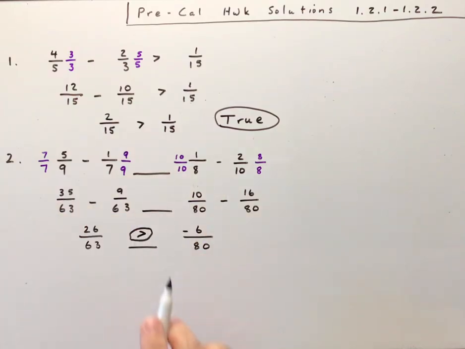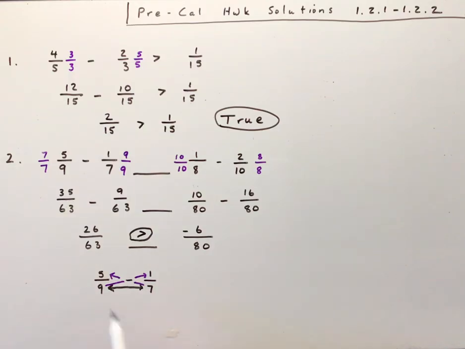Now, another way to do this, I'll just show you, we could cross multiply. Let's just do the left side. This is just a little trick. So minus 1/7. What you can do is multiply the denominators together like that, and then bring the bottom right to the top left by multiplying that, and then the bottom left times the top right.